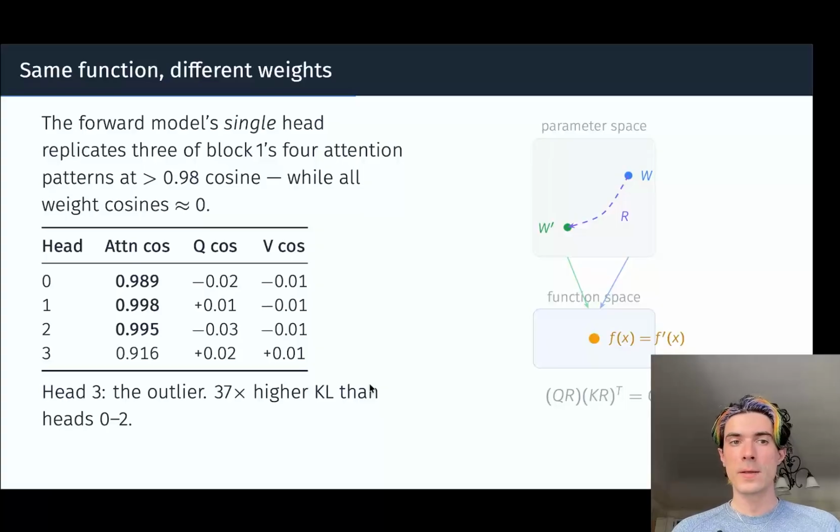So typically, when you train a forward model over the main model, you're going to find a completely different parameterization of the main model's computation that still does broadly the same thing. There's something called the gauge symmetry of attention. This is a known result, and we're basically discovering each time a new way of parameterizing the computation that the main model does.